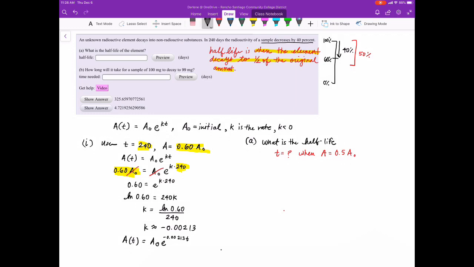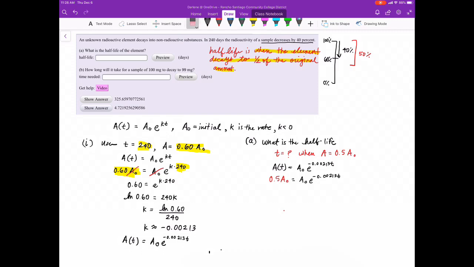Let's go ahead and figure this out. We know that A of t is equal to A sub 0 e to the negative 0.00213 t. If I plug in this information, I would get 0.5 A sub 0 on the left equal to A sub 0 e to the negative 0.00213 t.